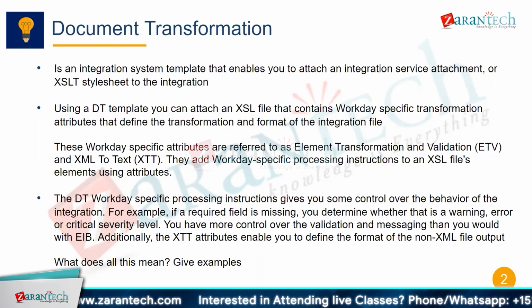So you have more control over the validation and messaging than you would with an EIB. If you remember, we ran the EIB in validation mode before we loaded the data into the system.